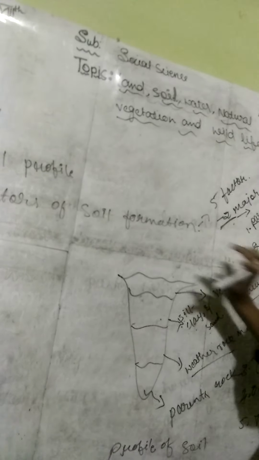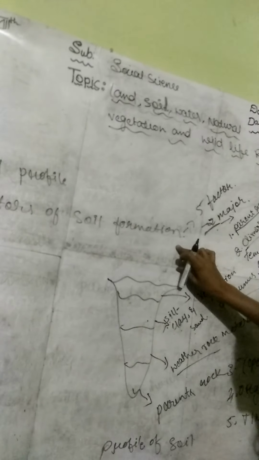Time determines the thickness of the soil and its fertility, meaning how much time it takes and in what time it loses its fertility. So these are the 5 factors of soil formation: first the parent rock factor, second the climatic factor, third topography, fourth organic materials, and fifth time.